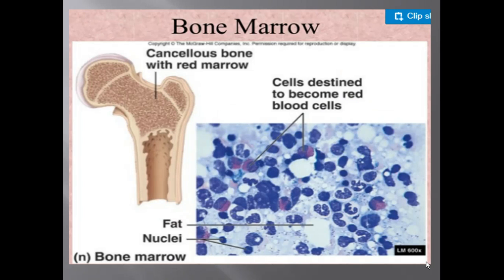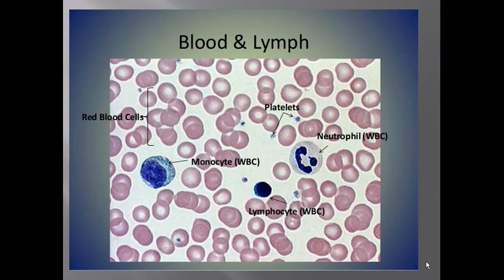And bone marrow, you will see under the microscope the stages of the cells converting into blood cells with different nuclei and the fat cell. Here I have a blood smear with different types of leukocytes. Here we have neutrophils, lymphocytes and monocytes.